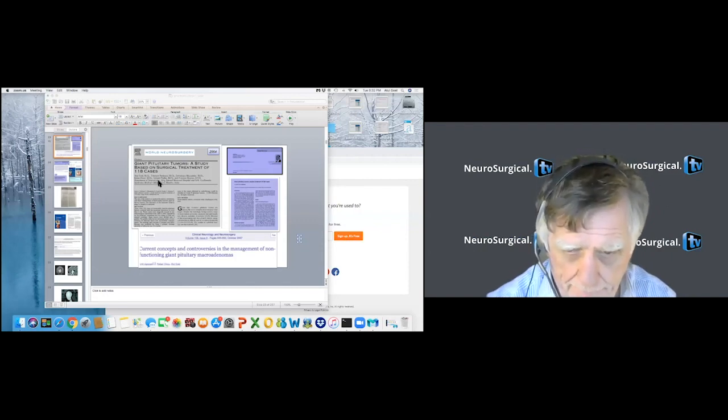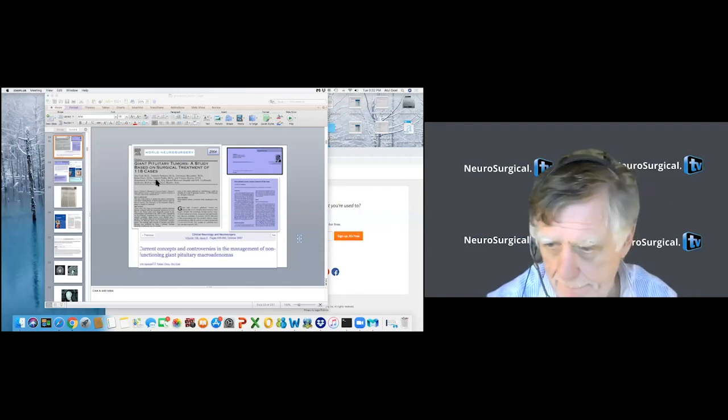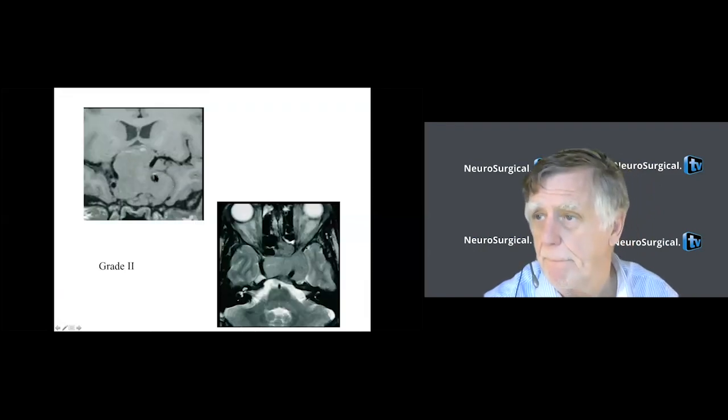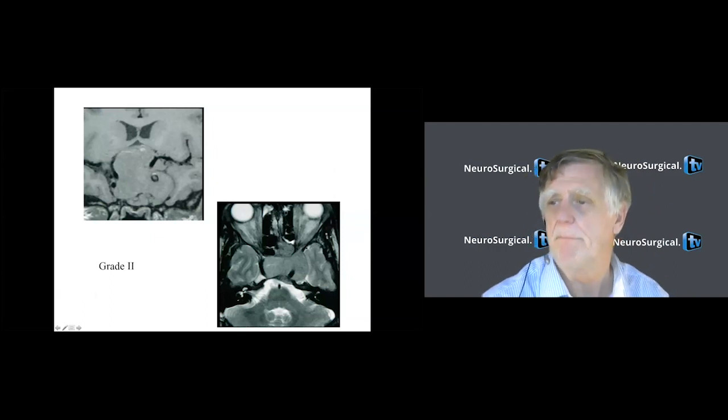Internal carotid artery is encased by the tumor, and that is when I call it cavernous sinus extension. Here also the diaphragm is intact. Cavernous sinus is involved by the tumor. When to do this tumor, when not to do this tumor is an issue which we will discuss at a later stage.